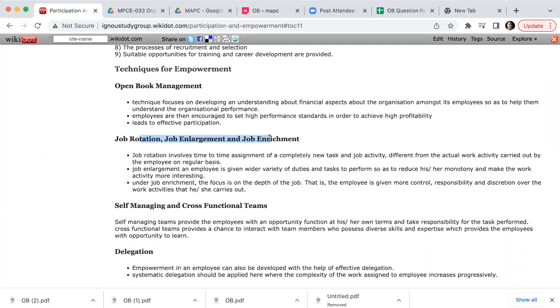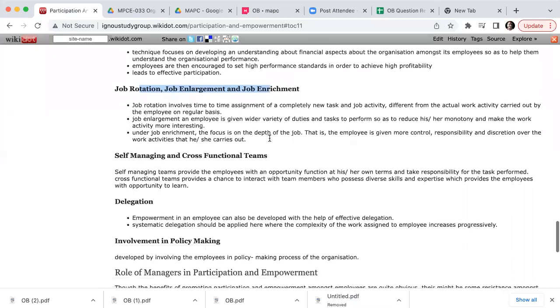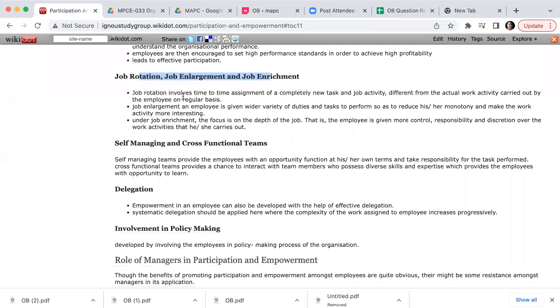If they are doing the same job again and again, it becomes monotonous, and people would not get the pleasure of empowerment, right? So it requires job rotation. You need to rotate employees so that new tasks and new activities keep them interested. That is job rotation, enlargement, and enrichment.